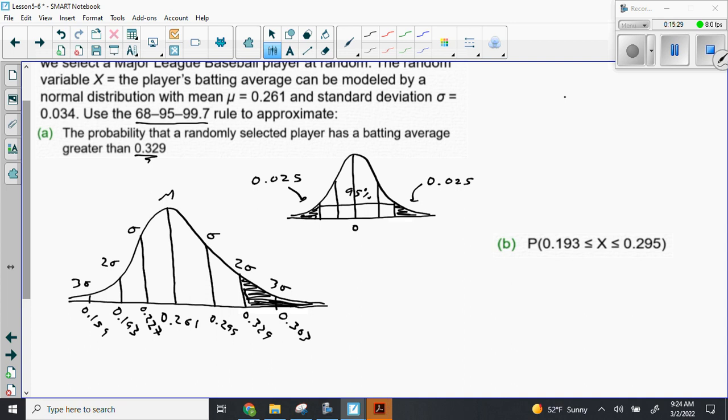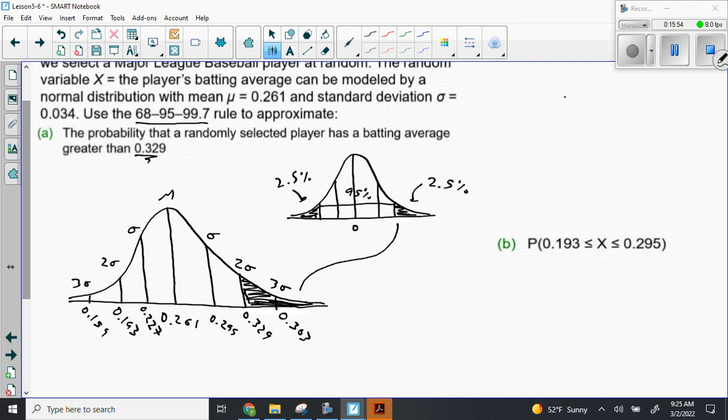Sorry, we're doing percents. That's probably confusing. This is 2.5% and 2.5%. Sorry. Better. I switched from percents to decimals. And what's that probability then?